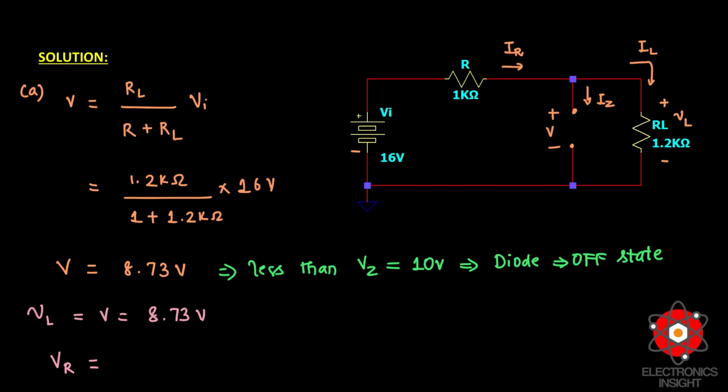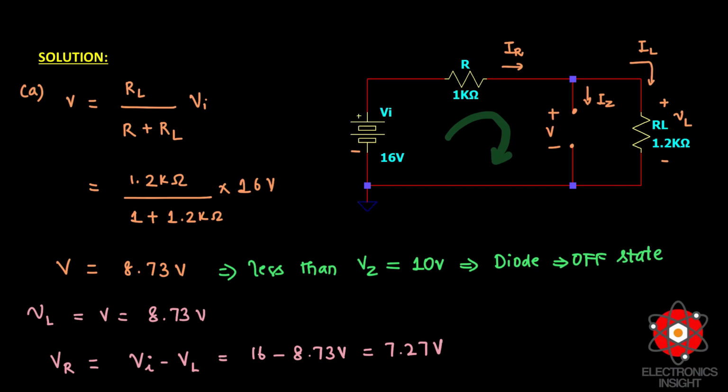This is an open circuit network, and the complete network is a closed loop. So you can easily apply KVL, and you can observe that VR equals VI minus VL, which is 16 minus 8.73 volts, equal to 7.27 volts.